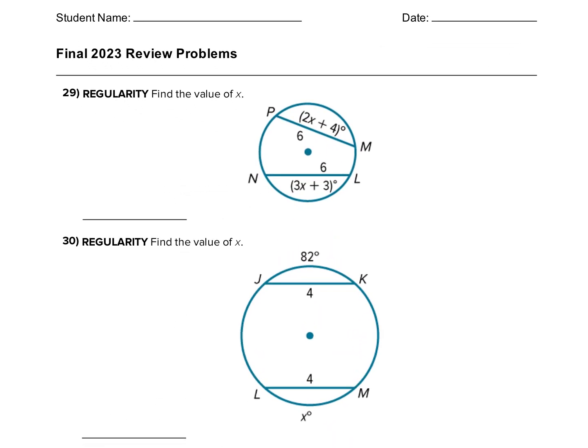Here you'll notice that both NL and PM have a value of 6. So they're congruent. So therefore, we can set each expression congruent as well. I didn't bother to go over this because it's really too simple.